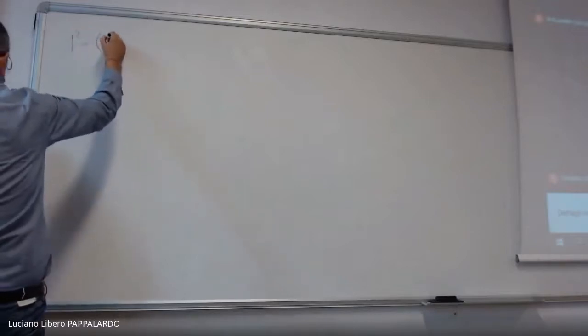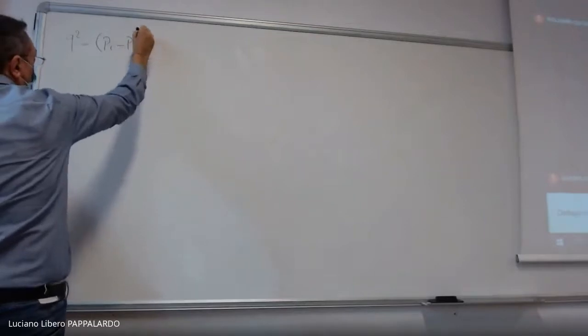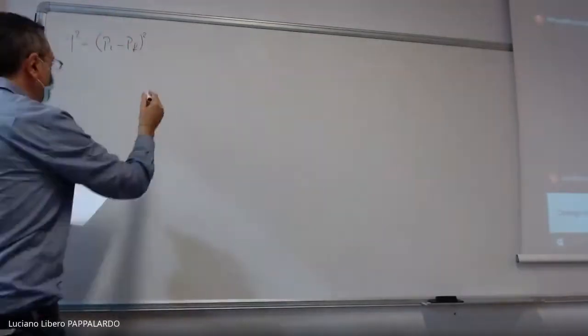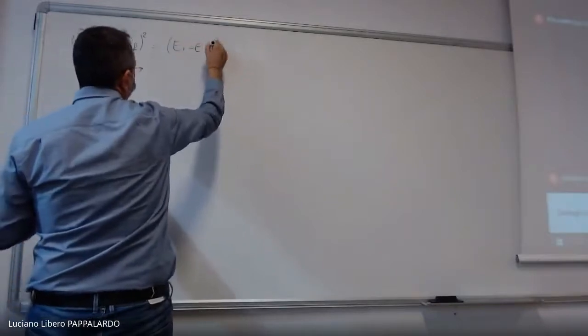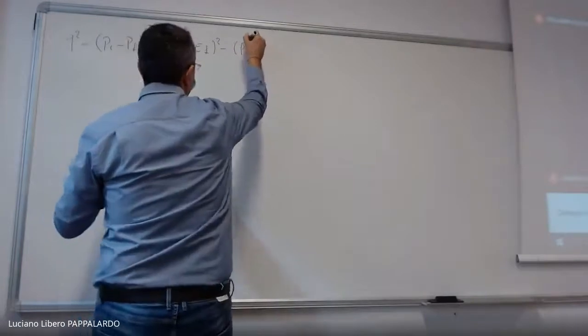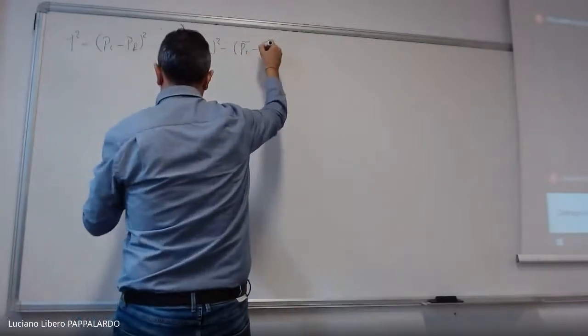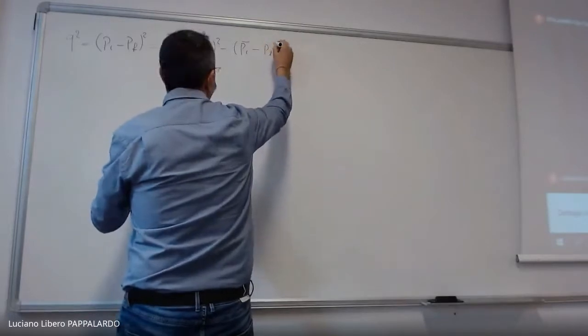So this is the initial 4-momentum minus the final 4-momentum, squared. You know very well this is (E_I minus E_F) squared minus the 3-momentum, (P_I minus P_F) squared.